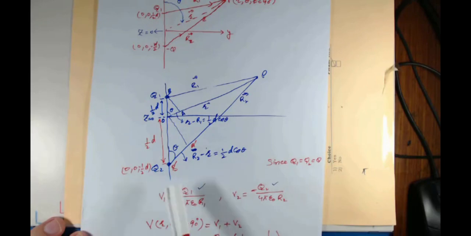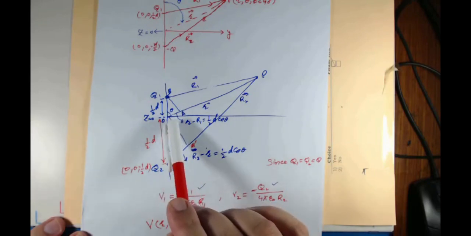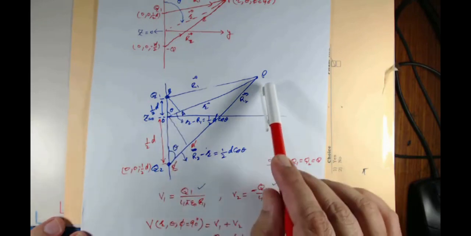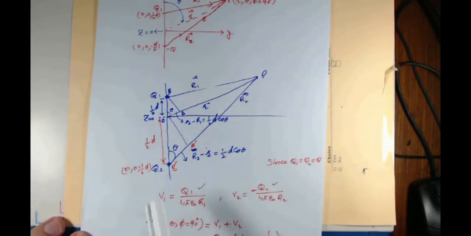So the potential with respect to the z equal to 0 plane at point P due to the Q2 charge is given by minus Q2 divided by 4 pi epsilon naught R2. We know that the potential is inversely proportional to the single power of the distance between the source and the field point, and directly proportional to the source.